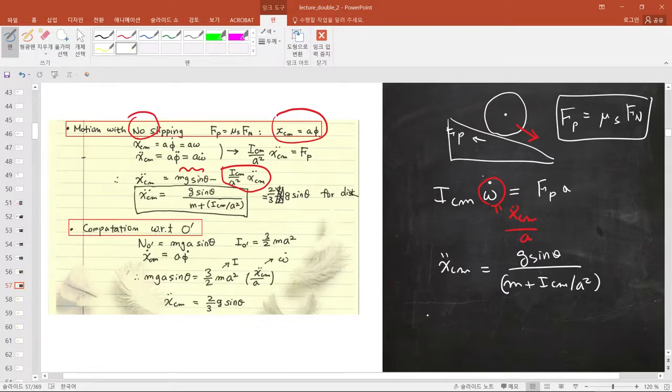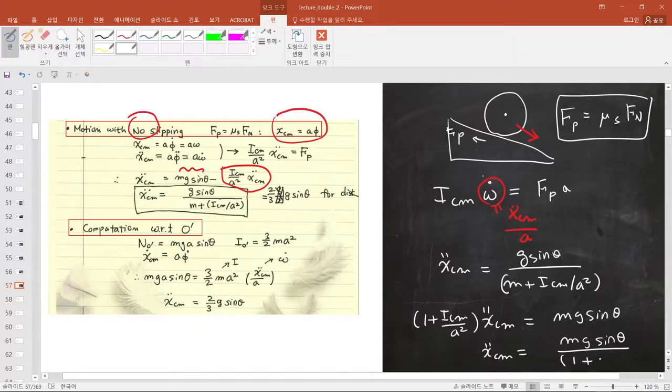Here you have 1 plus I central mass over a squared times x central mass double dot is equal to mg sine theta. Okay, therefore x central mass double dot should equal mg sine theta over 1 plus I central mass over a squared.